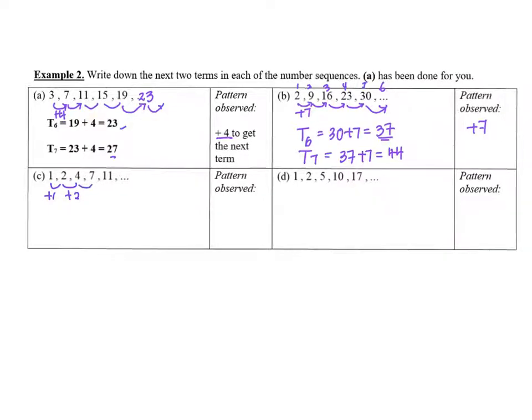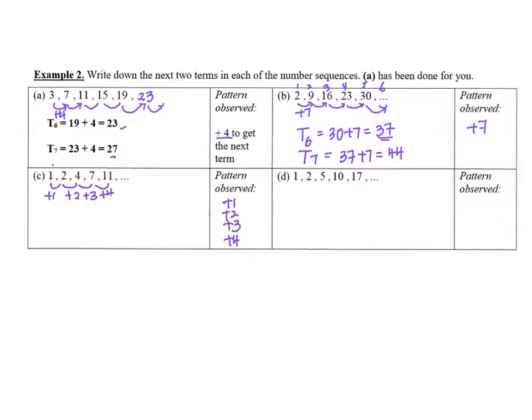From 4 to 7, I do a plus 3. So I observe I have a plus 1, plus 2, plus 3. What do you think will be the next one? I'll need to do a plus 4. Let's check whether this is true. From 7 to 11, yes, I have a plus 4.